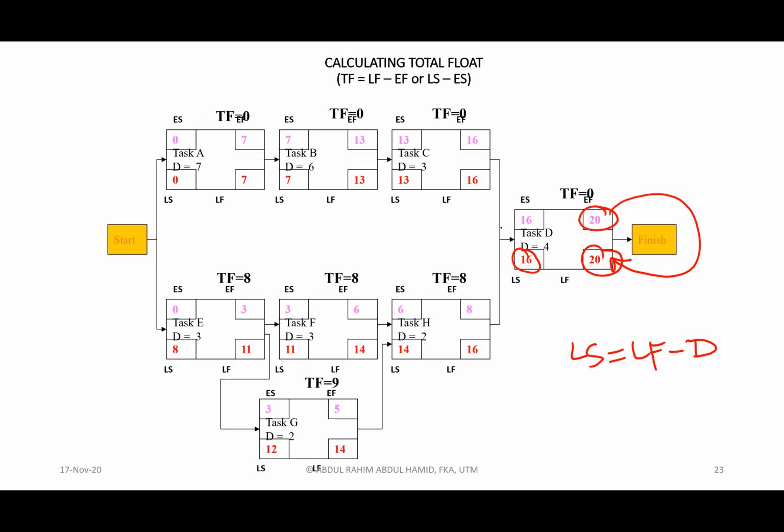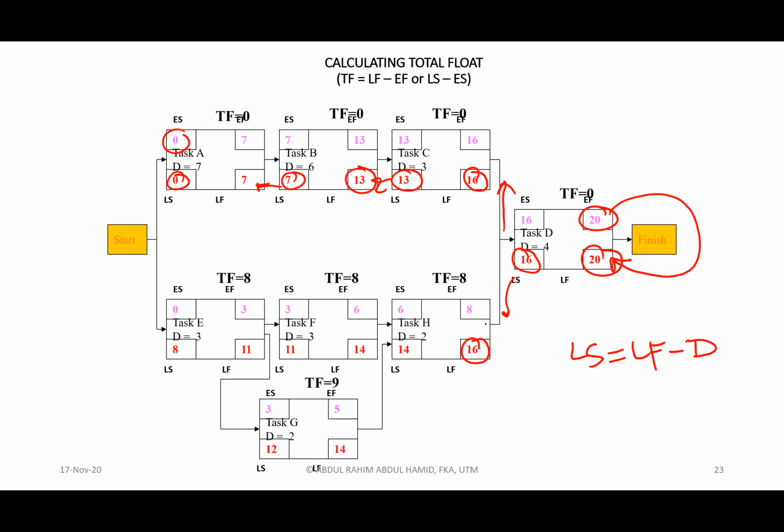Then going back according to the arrow, 16 will be put inside this box, and then minus the duration to get this value. 16 minus 3 equivalent to 13, and then transfer inside here. 13 minus 6 equivalent to 7, transfer inside here. 7 minus 7 equivalent to 0. When we start with 0, we will go back to 0.